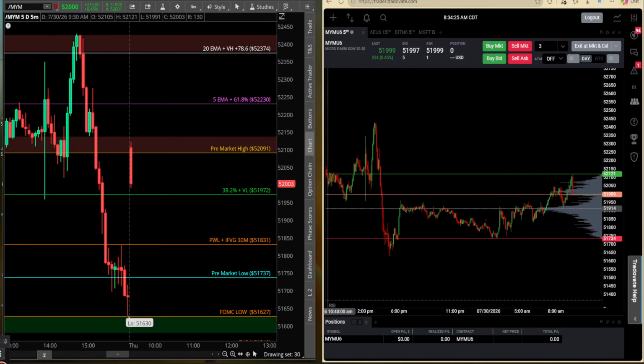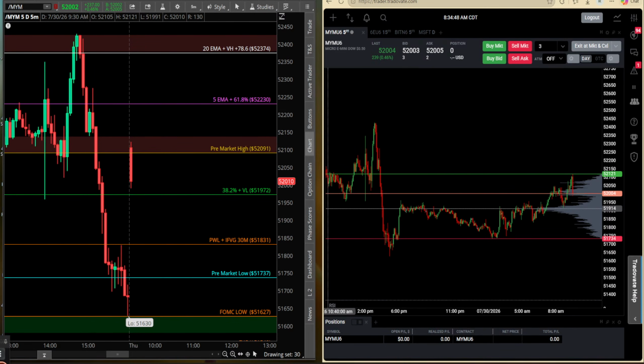DIA is below the value area low, but Dow micro is not yet, though it is below the point of control plus the pre-market high. So we need confirmation on DIA, getting a fair value gap to reject the value area low, then we can take a trade to the downside.